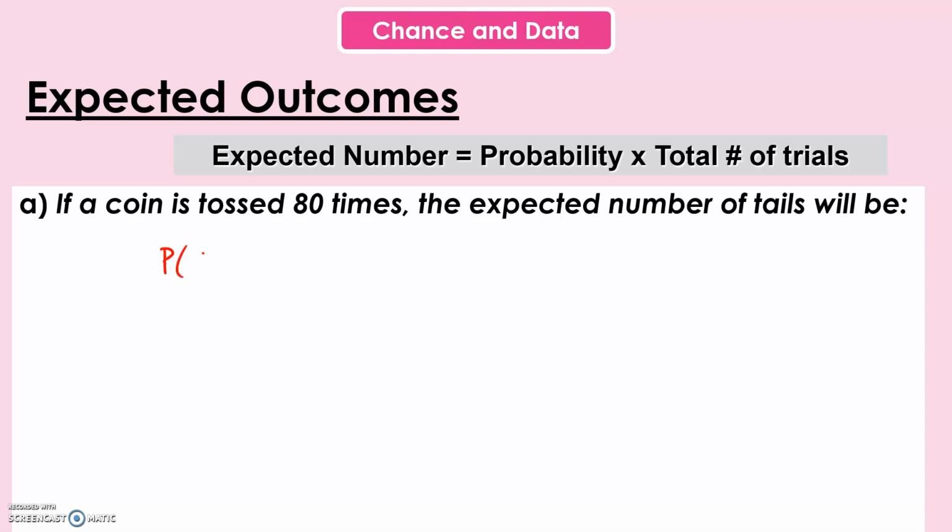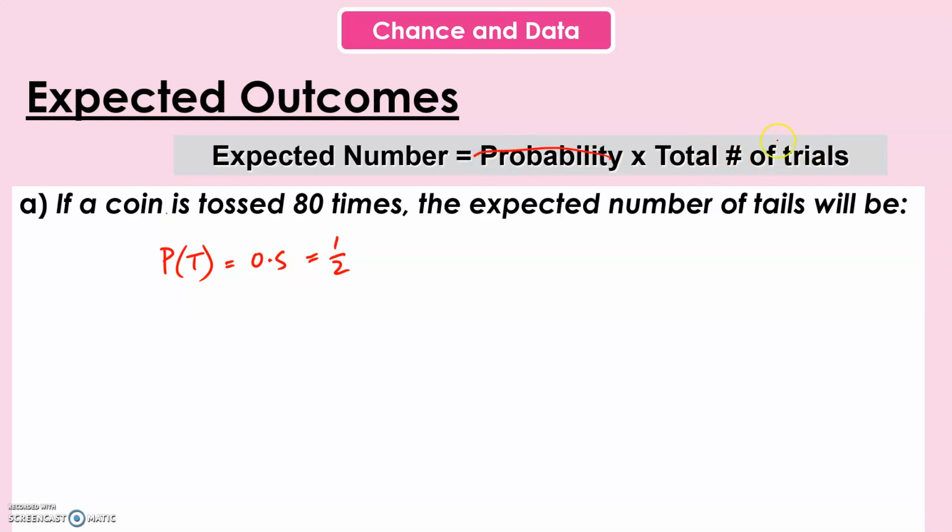The probability of getting tails is equal to 0.5 or 1 out of 2. Remember, we should write our answers as decimals as they're easier to calculate rather than using fractions. So that's the probability sorted.